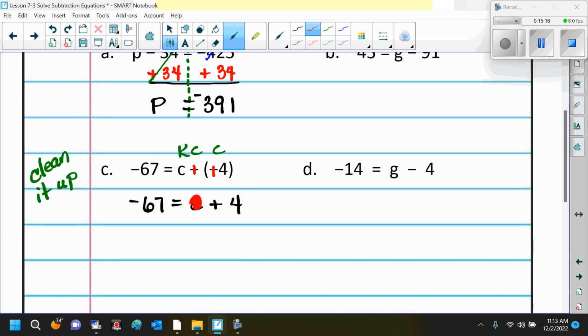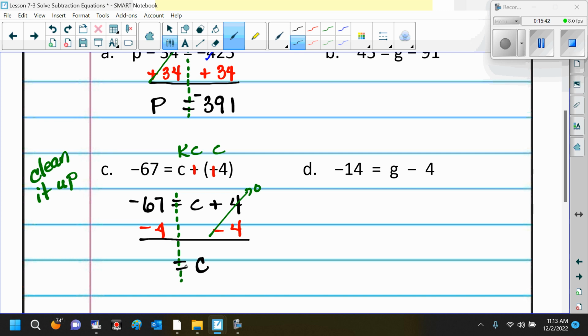So, we're going to cover up that C. How do I make that positive 4 into a 0? Very good. We're going to subtract 4. And we'll subtract 4 on both sides. So now this is a number plus its opposite. That's equal to 0. Here's our center line.